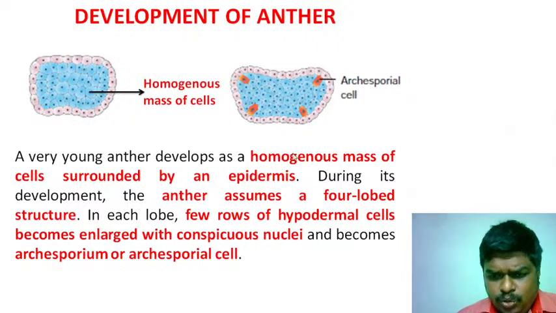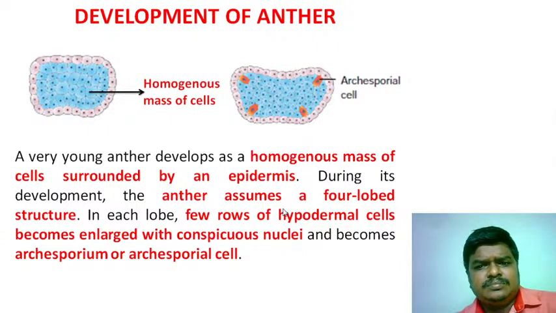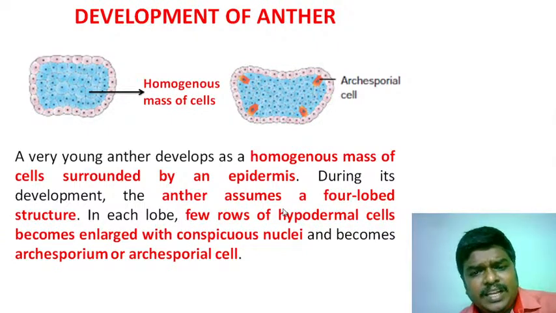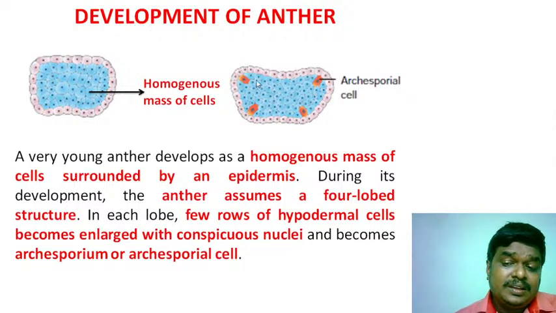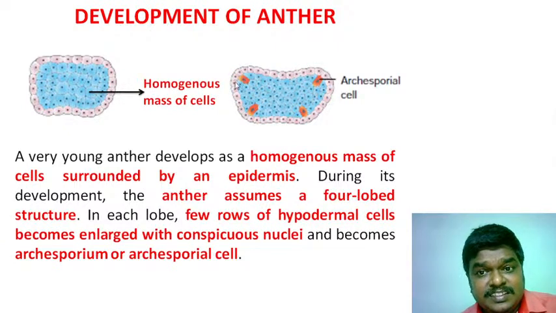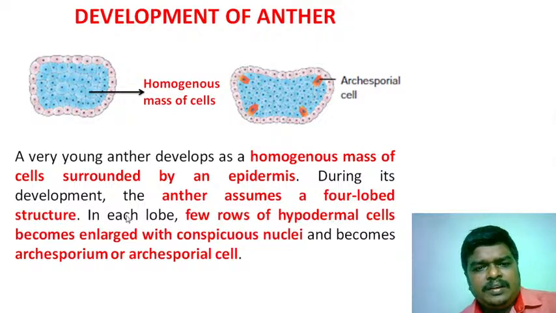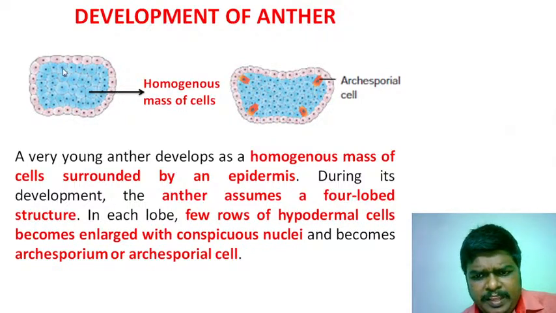During the development of anther, a few rows of the hypodermal cells. What is hypodermal cells? The cells which are lower. This is called hypodermal cells. The homogeneous mass of cells are surrounded by epidermis.